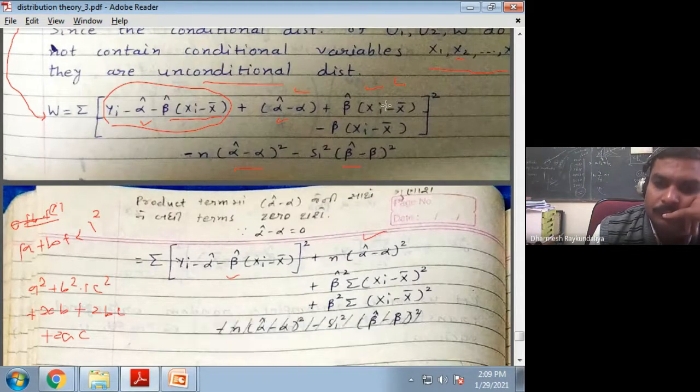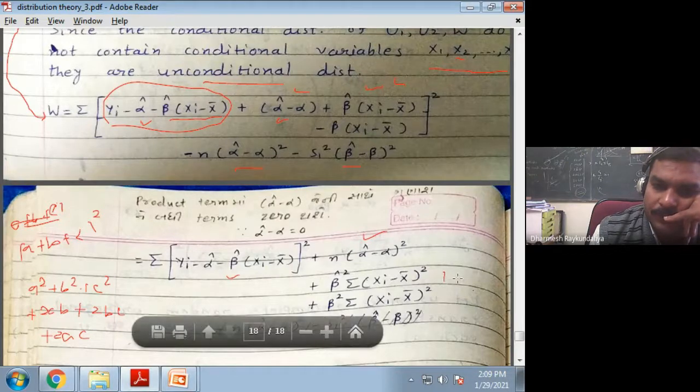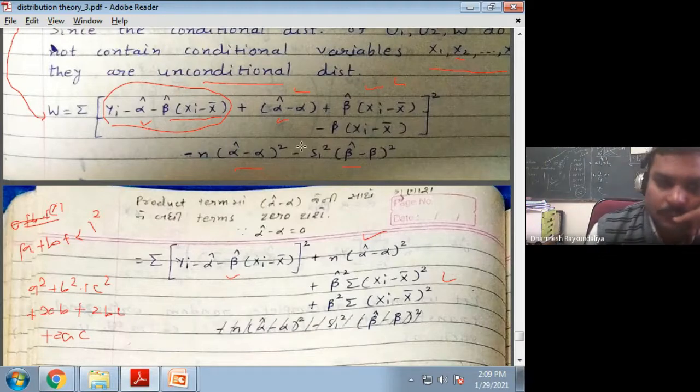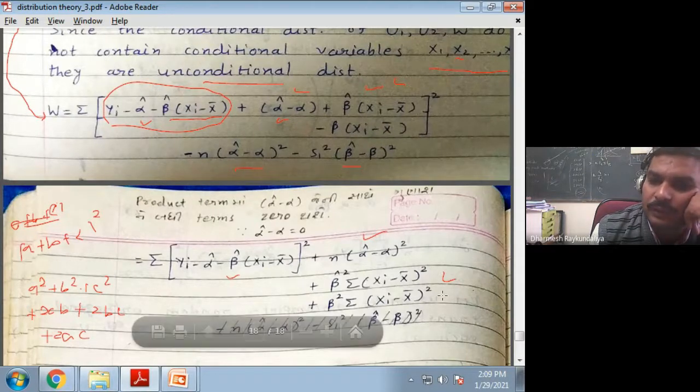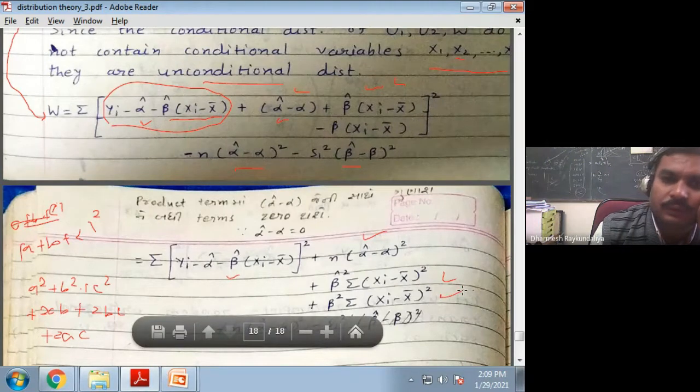This is beta cap square summation xi minus x bar square, and these are all plus, so here there is also a d term. So a square plus b square plus c square plus d square. So it is beta square summation xi minus x bar square. Okay, and then you have twice of.